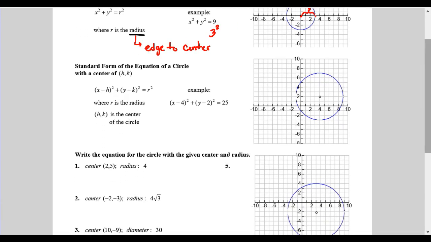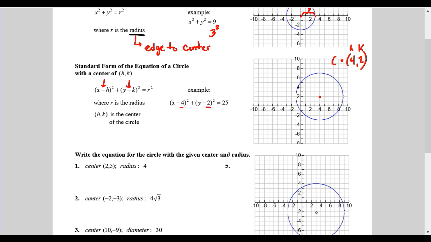What happens if my center is not in the center of the graph? So here's my center point. This center point is 4, 2. Okay, so you can see here (h, k) is that center, just like we talked about before. H is the x value, so we're plugging in a 4. K is the y value, and we're plugging it into that equation. Again, remember, the original equation has subtraction.